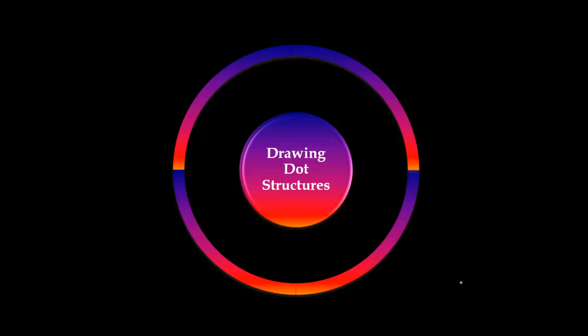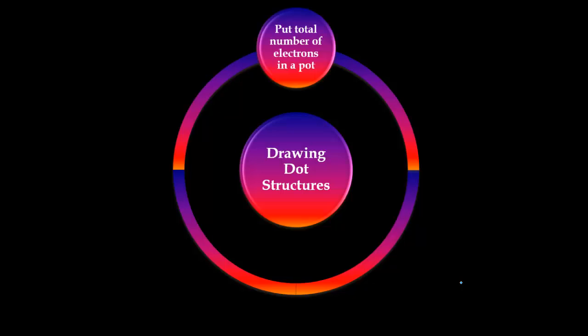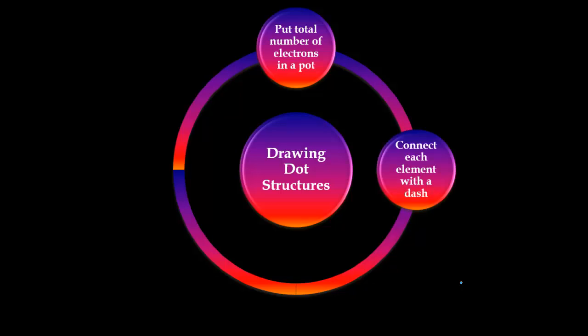So how do we draw dot structures? A few easy steps. First thing we're going to do is look up the total number of electrons that each element would give us. Now, instead of assigning them to a particular element, we are going to take all of those and put them in a pot. Then we're going to take electrons out of the pot and connect each element with a dash.